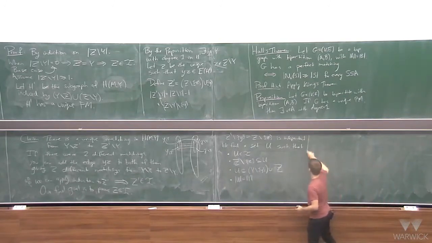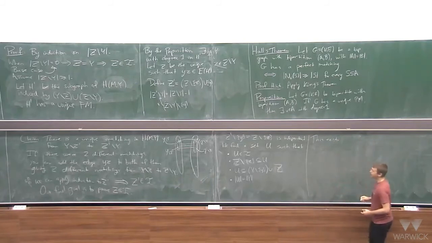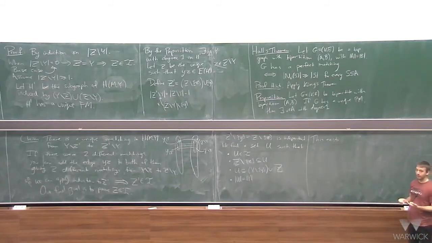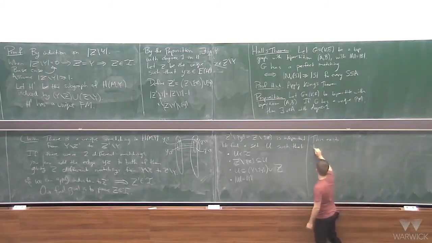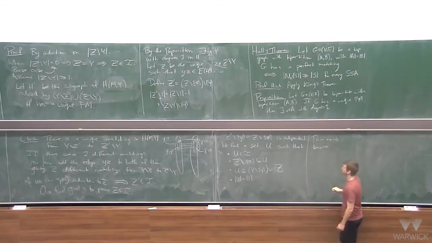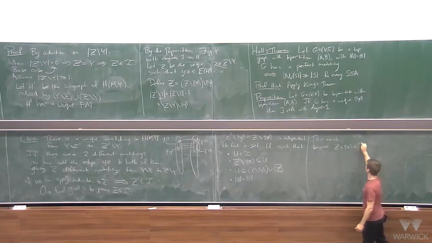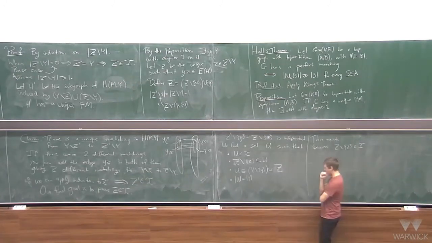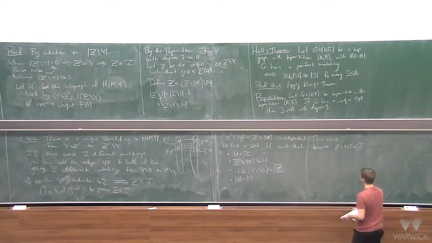Well, this exists simply by the third matroid axiom, right? Because if you start with the set Z minus little z, this is independent, and wait a second, this is a sneaky thing.